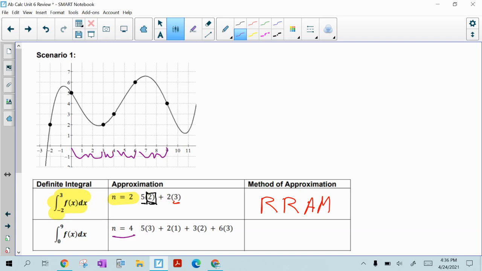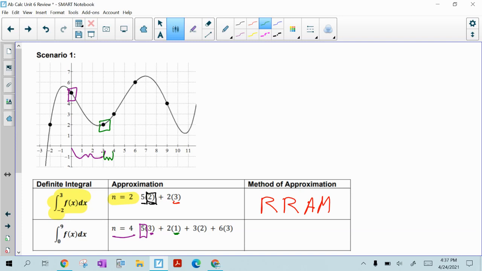Now, I'd agree that on my first subinterval, the distance between my values is going to be 3. And I'm looking, where do I have a height of 5? Well, that's over here on the left. Let's confirm this and make sure that what I've assumed to be now an LRAM technique is right. So I'm going to go next into this one. I'm going to say my distance from 3 to 4 is 1. And I check my height, and my height here is 2.